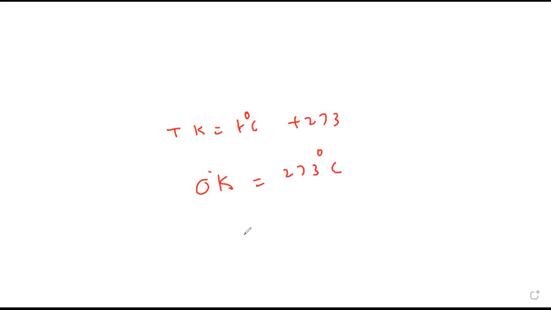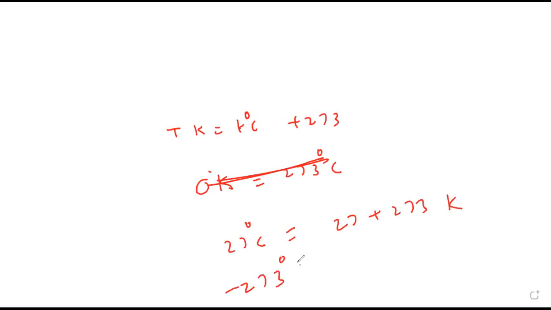Yeah. What is 27 degrees Celsius? 27 plus 273 in Kelvin. So minus 273 degrees Celsius is minus 273 plus 273, that means 0 Kelvin or not?